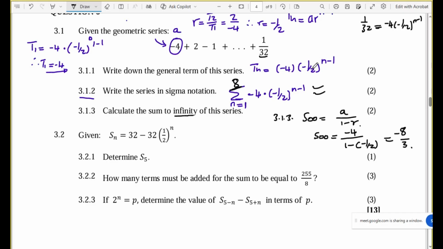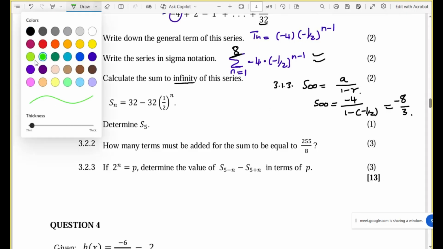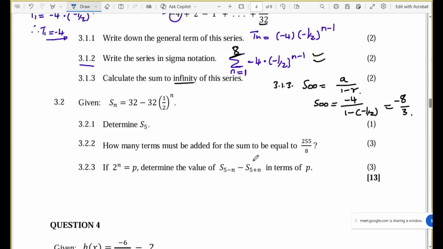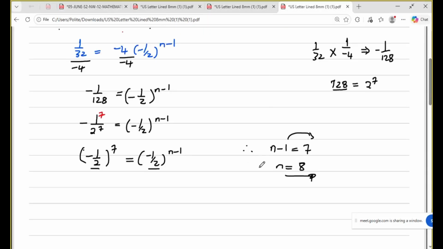Right. Now, when I look at this, I'm just going to jump into the next one. The next one is asking to determine, okay, they say that you are given Sn is equal to 32 minus 32 into 1 over 2. So let's go and rewrite this equation down.